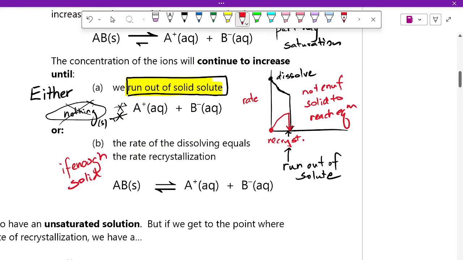So if we have enough solid, the rate of dissolving will finally equal the rate of recrystallization. And at this point, this solution is now saturated.